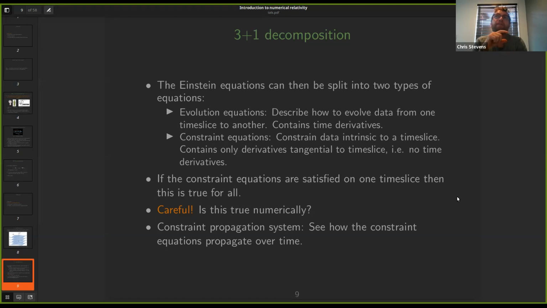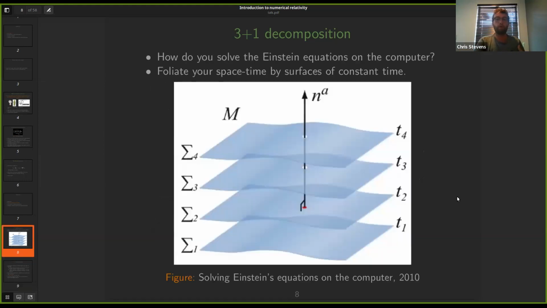The time equals constant slices, which we can call time slices. So for example, t1 here is parameterizing this surface sigma 1. If we project the Einstein equations onto here, we end up with equations that involve just spatial derivatives because they are intrinsic to this slice as long as you set up your coordinates and so on appropriately.